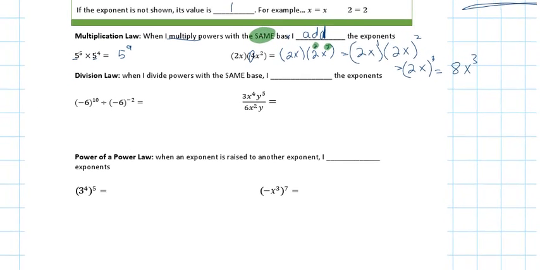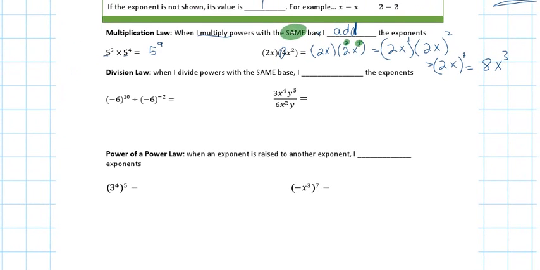Okay, if I'm dividing two terms with the same base, what do I do with the exponent? Subtract. Again, it has to be the same base. If it's not the same base, I can't do that. So what do I do with negative 6 to the power of 10 divided by negative 6 to the power of negative 2?